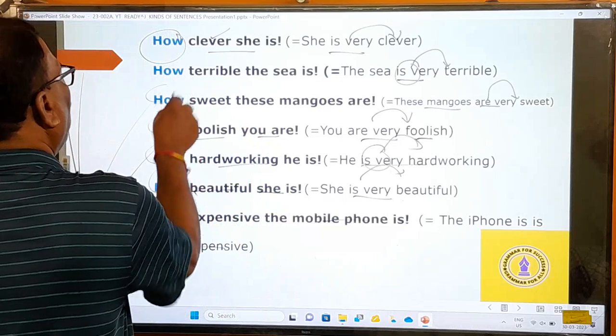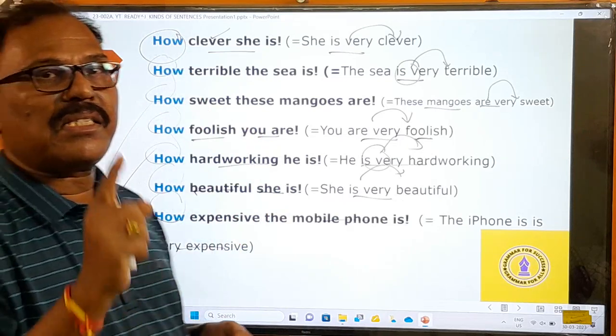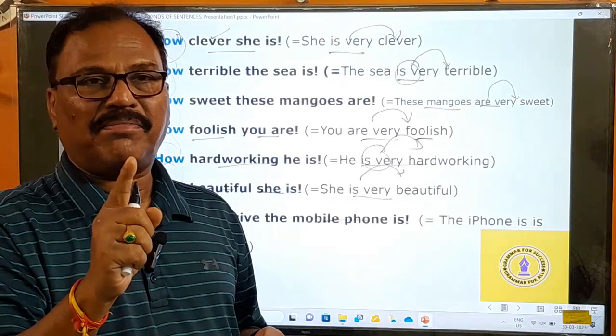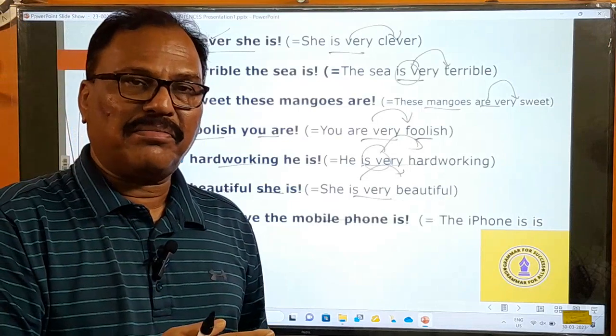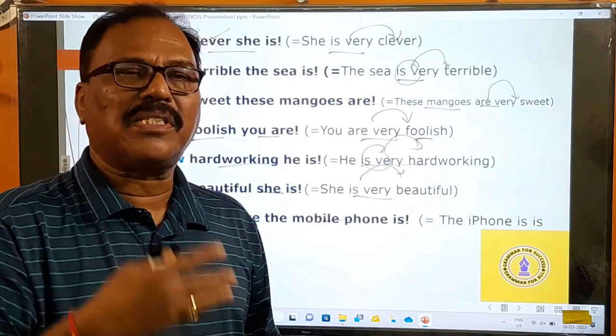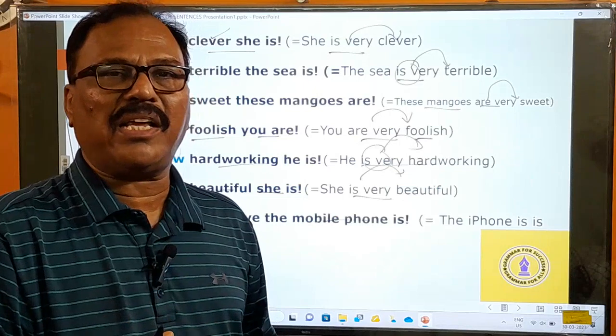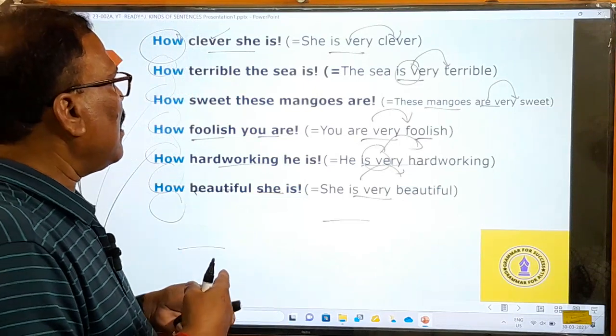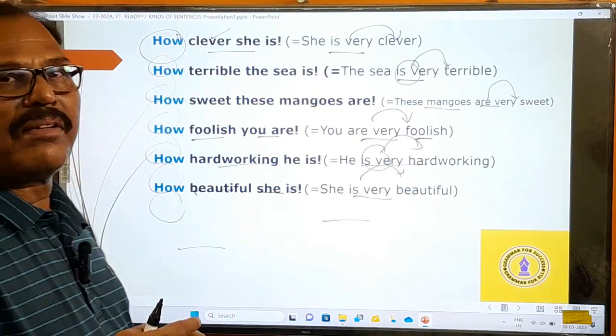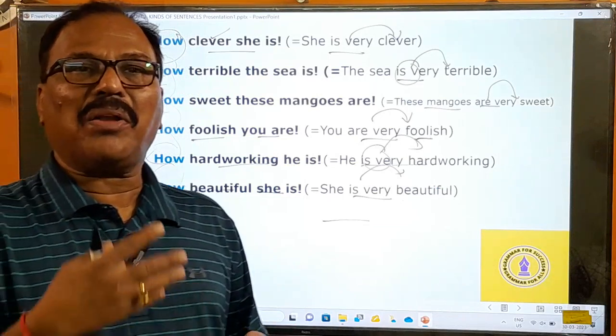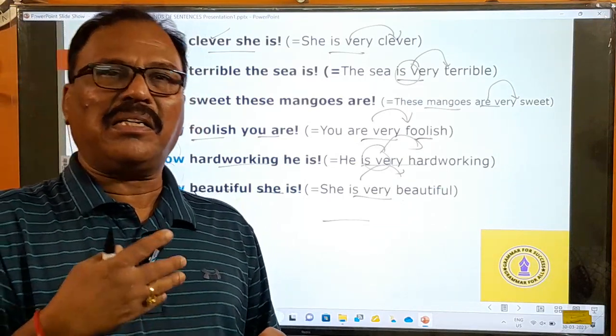So, dear learners of English grammar, exclamatory sentences contain strong, sudden feelings like fear, joy, pain, regret, or contempt.